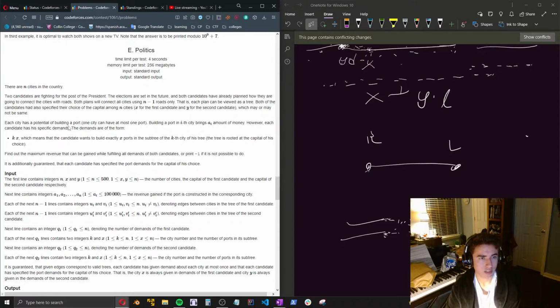City has a potential. Okay. Exports in the subtree. Vacate the city of his tree.